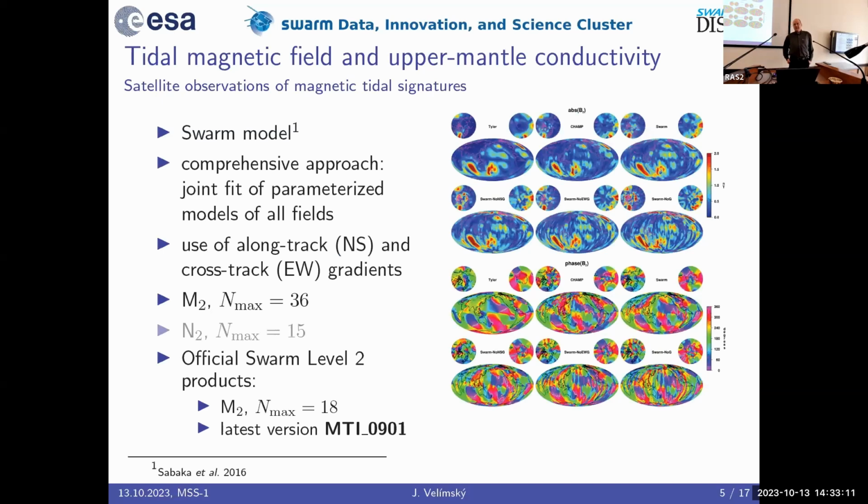One of them is the DTU space group, and there have been an increasing number of versions of these products. Currently it is the generation 9 version. And they are able to detect the M2 and now also the N2 fields using, for example, the east-west and north-south gradients of the magnetic field in the comprehensive inversion.